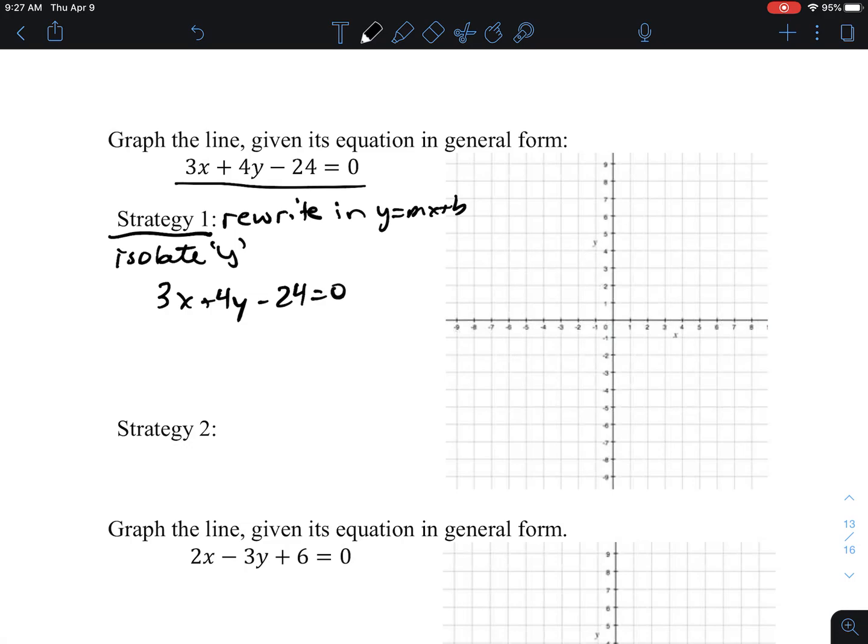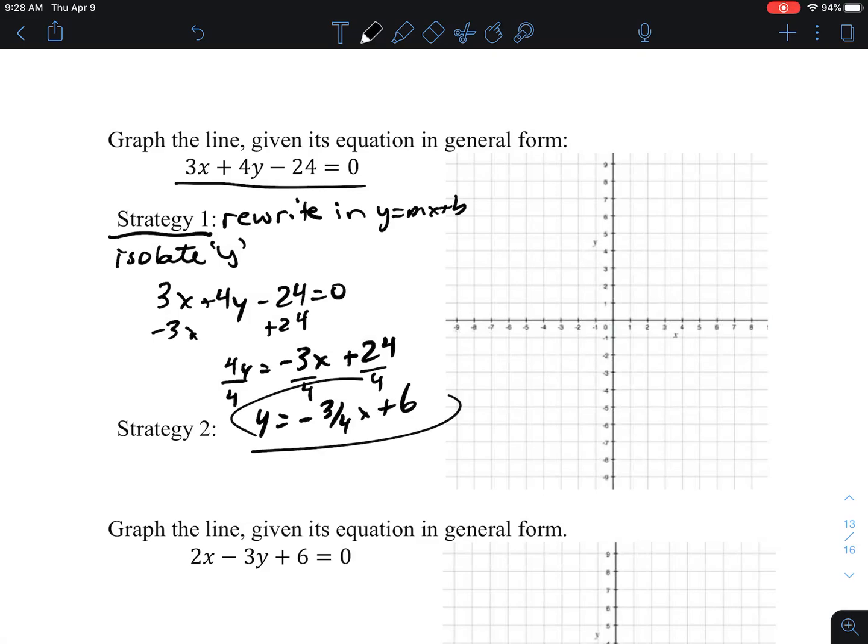So if I look at this equation, 3x plus 4y minus 24 is 0, to isolate this y, I need to move the 3x and the 24 over first. Negative 3x plus 24, and then divide by 4. So I'm going to get the equation y is negative 3/4 x plus 6.